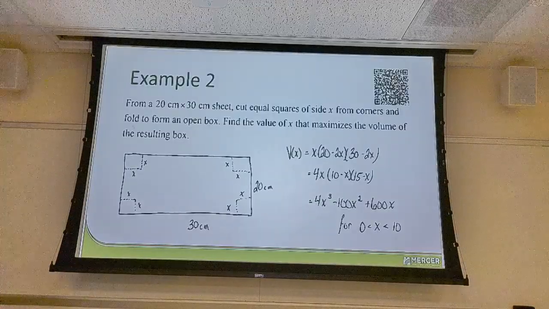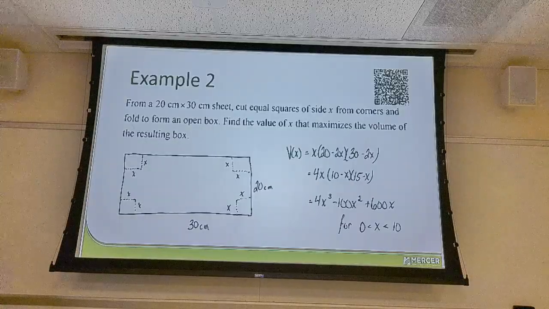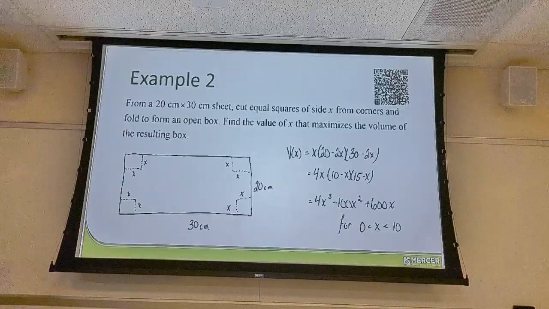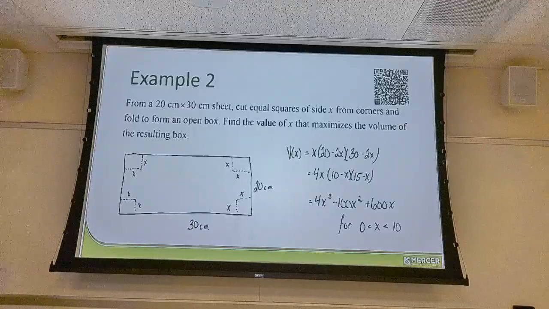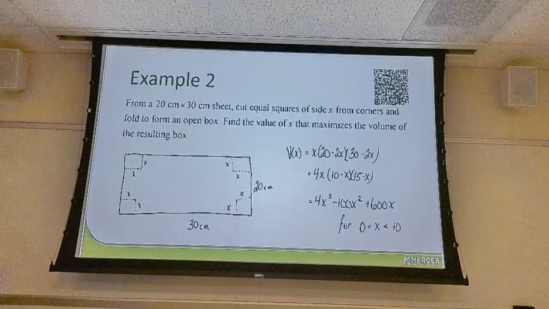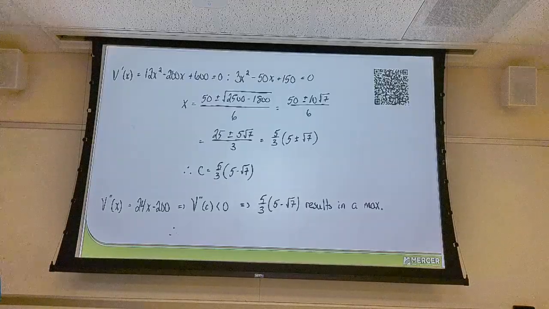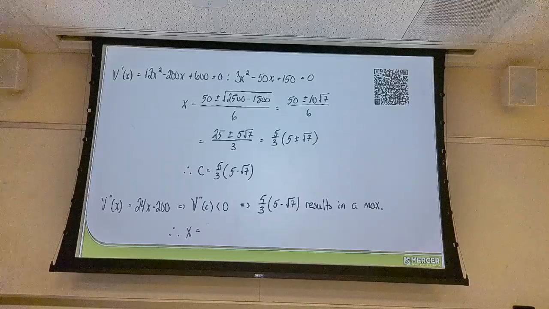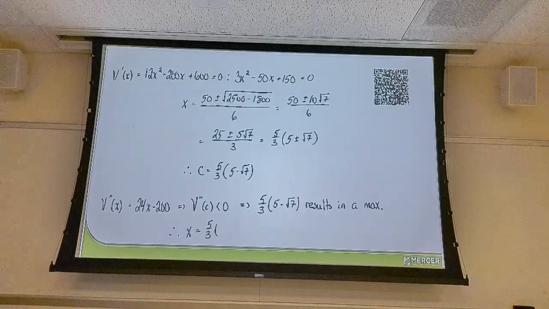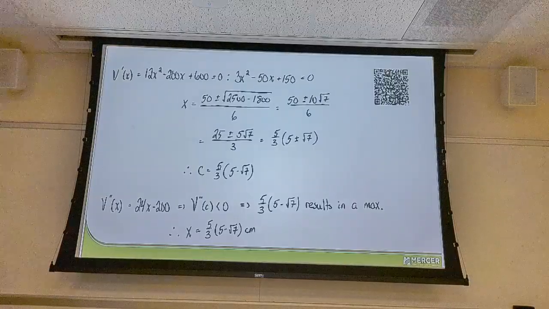That's what we wanted, to maximize volume. Okay. And it gets even better. Does it ask for what the maximum volume is? Nope, we have the answer. Don't forget your units.